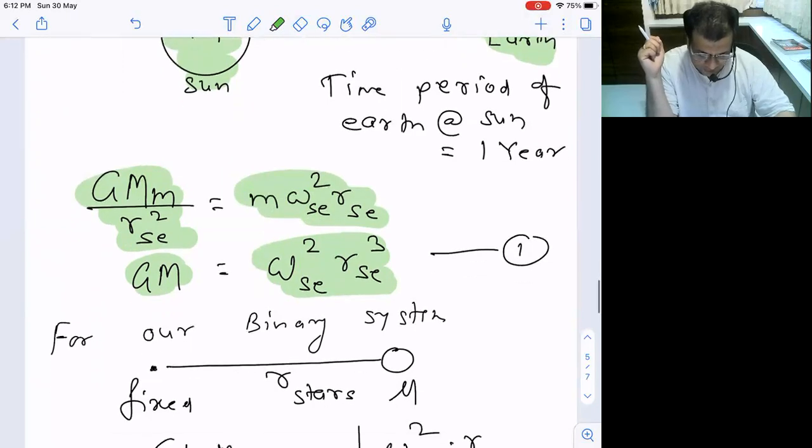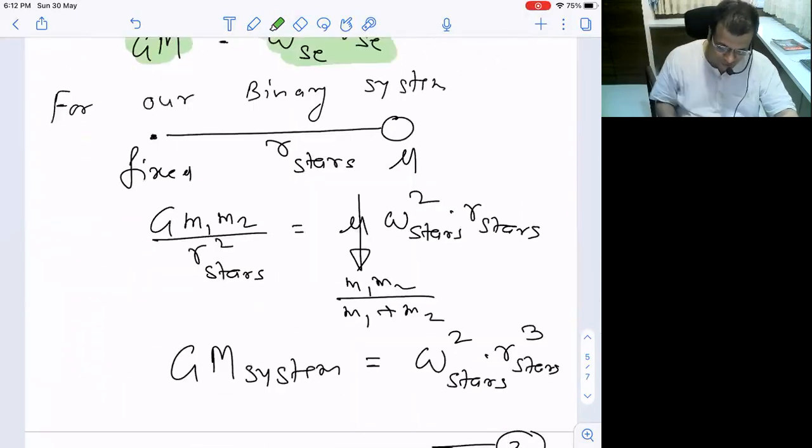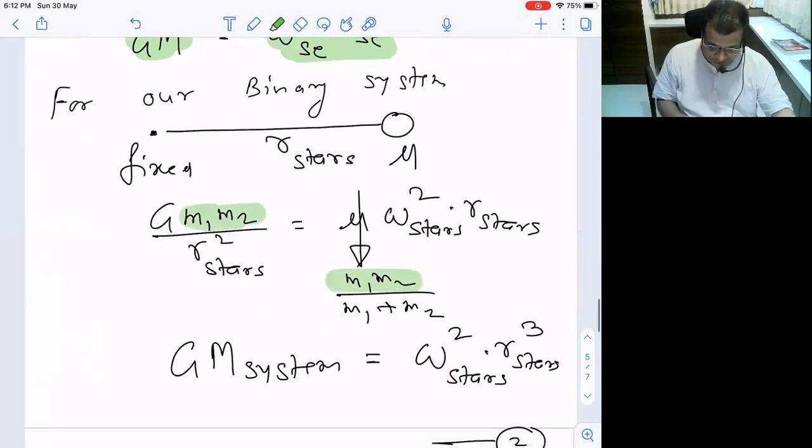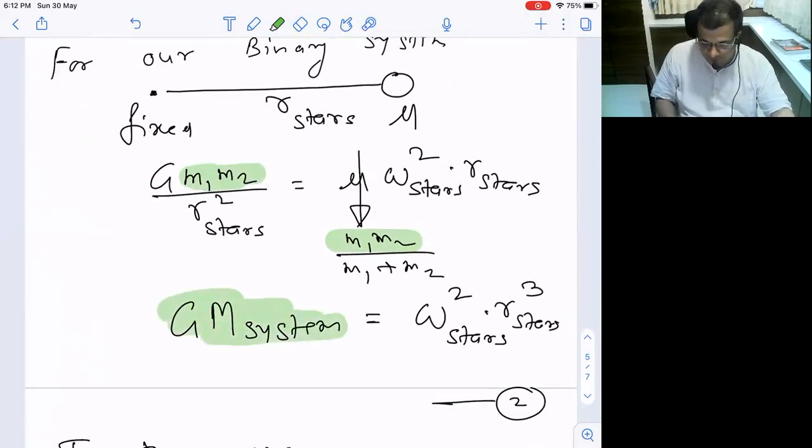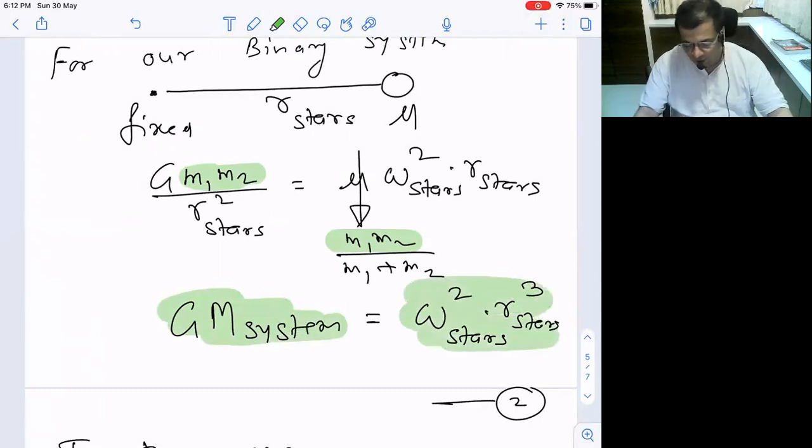Alright. And if we look at the binary star system, then notice that this M1 and M2 both cancel always, and you get the result G M system is equal to omega star square multiplied by R star cube.